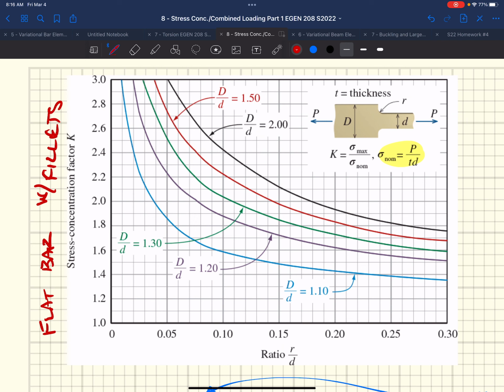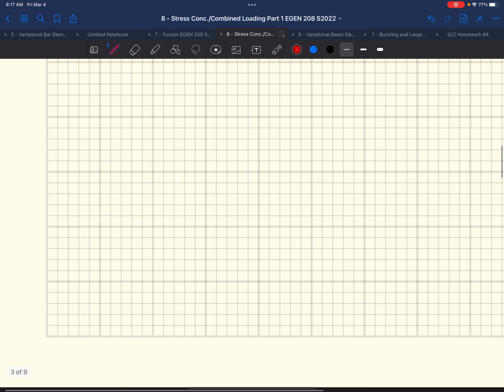On our x-axis, we have this r over d ratio: the radius of our fillet divided by the small width of the cross-section of our plate. And then up here, we have this big D over little d ratio: the difference in widths of our plate as we go from the small width to the large width. Those are the two things we need to calculate.